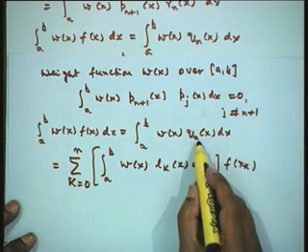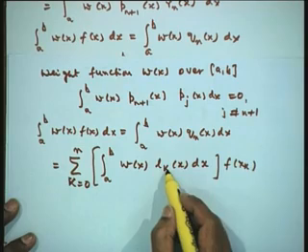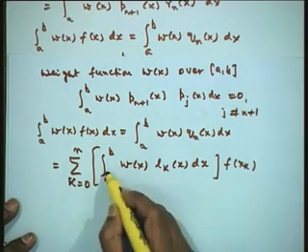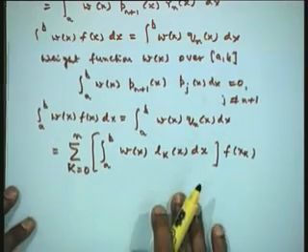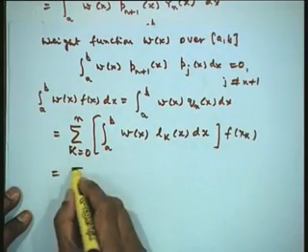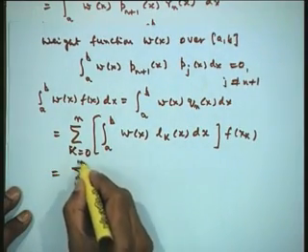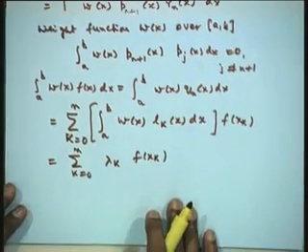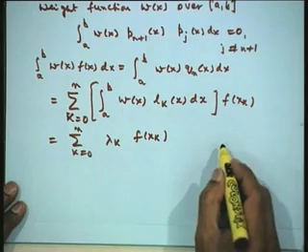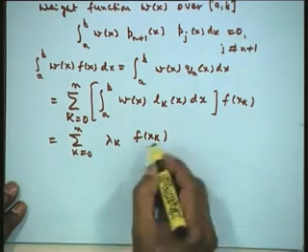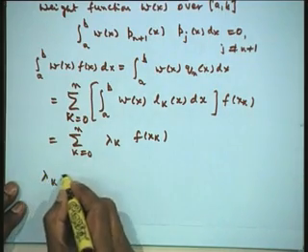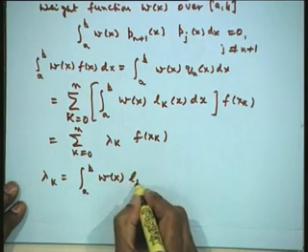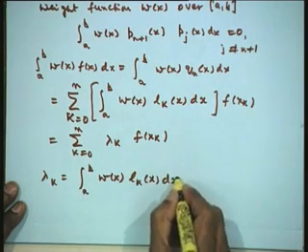I substituted the value of q_n(x), that is l_k(x) f(x_k), and integrated over a to b. f(x_k) is independent of the integral, so I have written it outside, and this integral I will write as lambda_k. So we get lambda_k f(x_k), which is our required formula, where lambda_k is the integral a to b of w(x) l_k(x) dx.